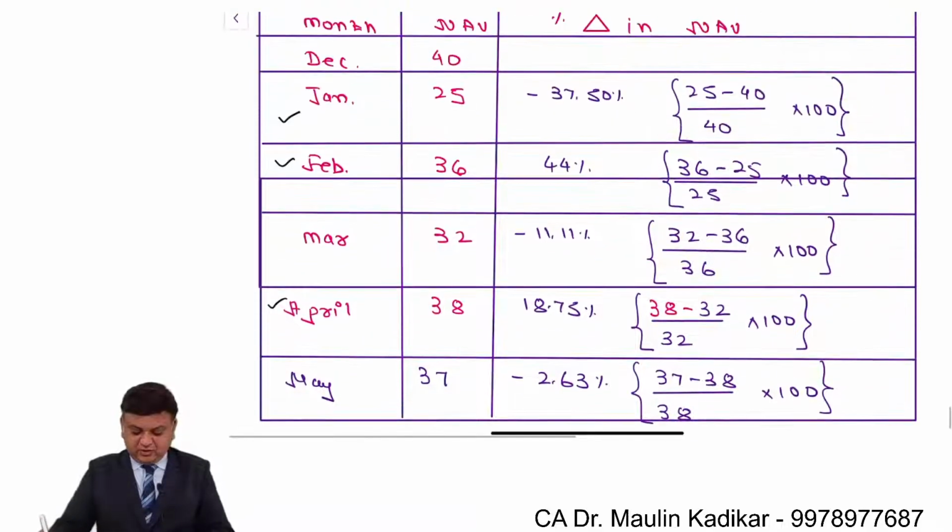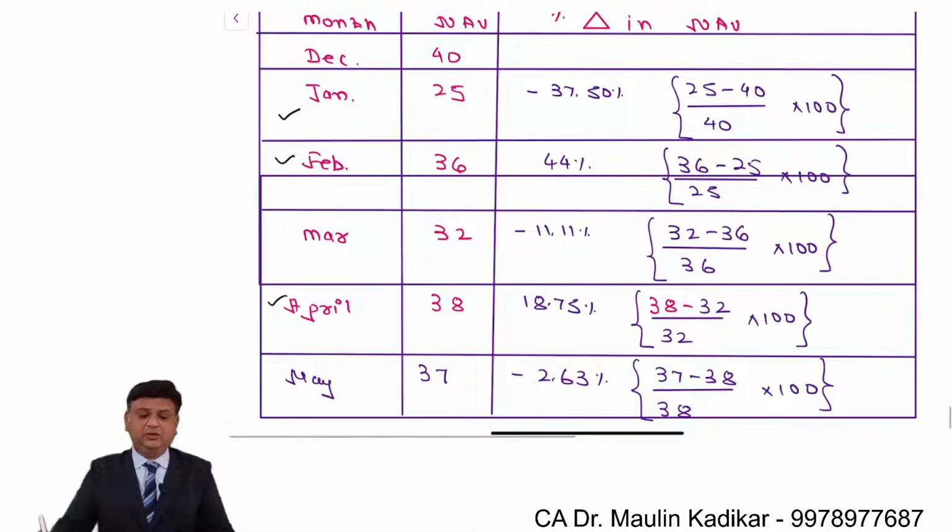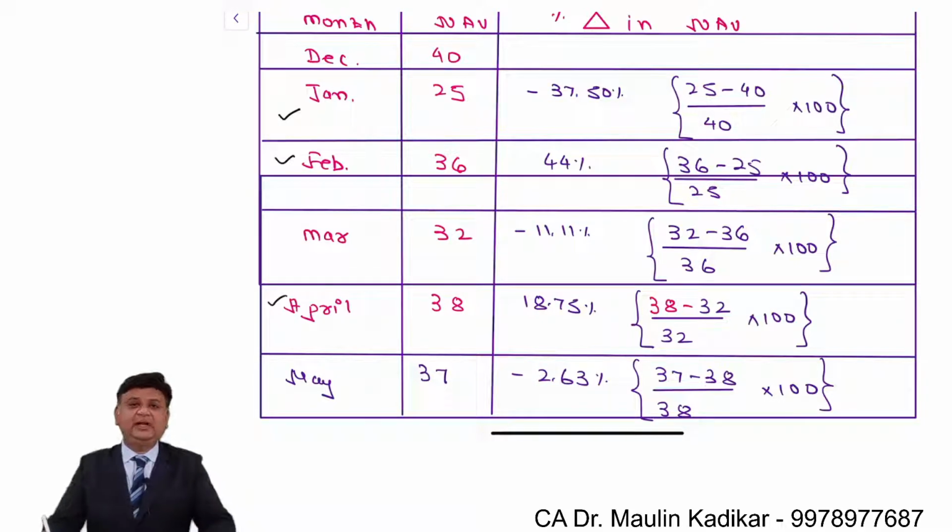In the month of May, you are not supposed to reshuffle the portfolio. So first of all, we will prepare a working of what the value of the portfolio will be based on the constant ratio plan once you do reshuffling, till the month of May. In the month of May, of course, you are not going to reshuffle, but you are supposed to compute the value of the portfolio.